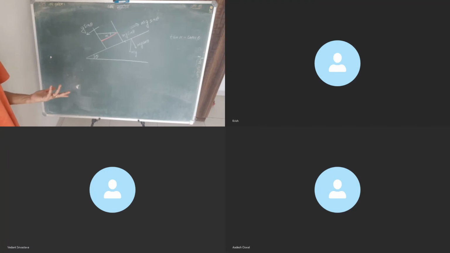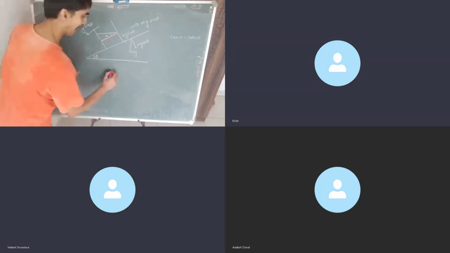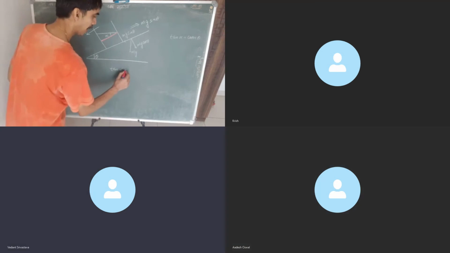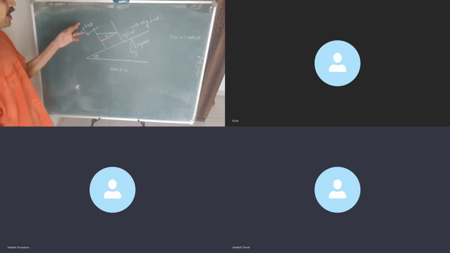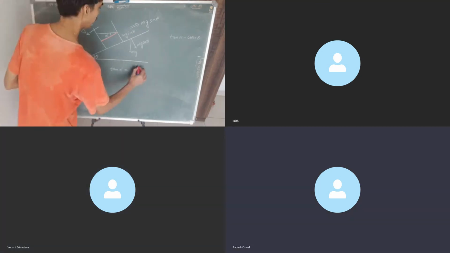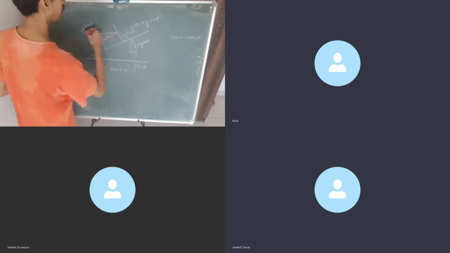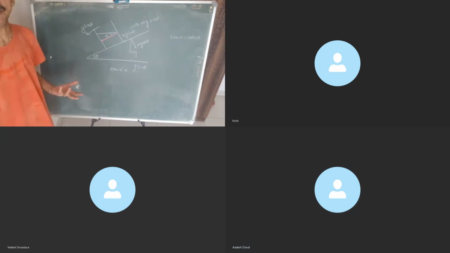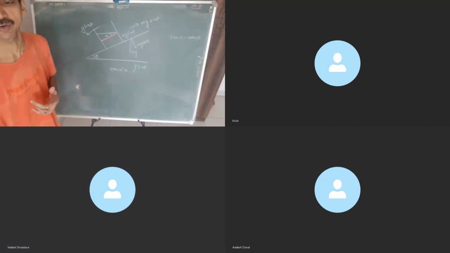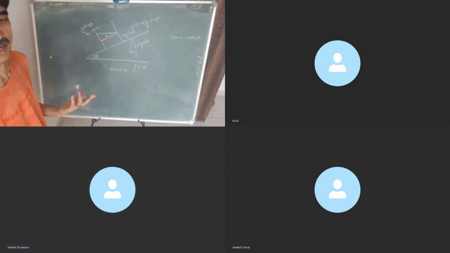Try to figure it out also, if it's possible for you, by using tan theta equal to a by g. Do you remember? Here you can say tan alpha is equal to a by g. Here a is g sin theta, right? And see what the contention will be over here. Tan alpha was equated with a by g, where a used to be the acceleration.